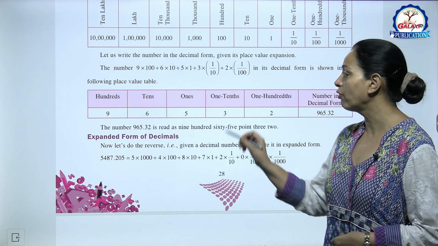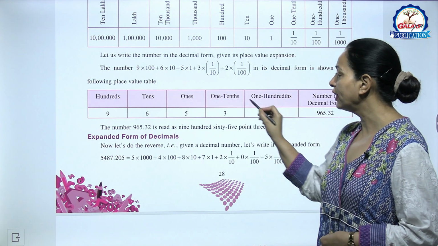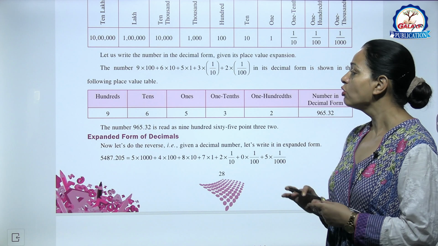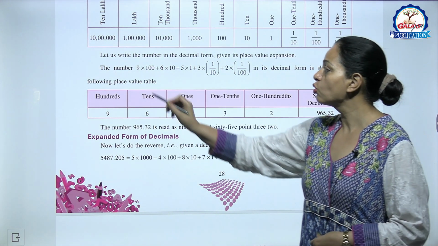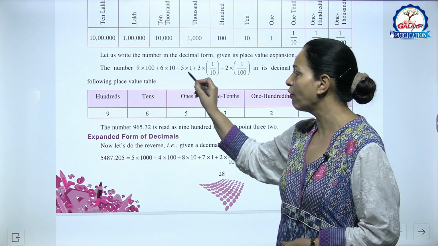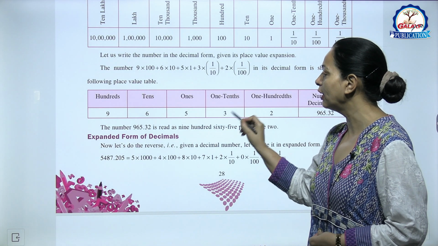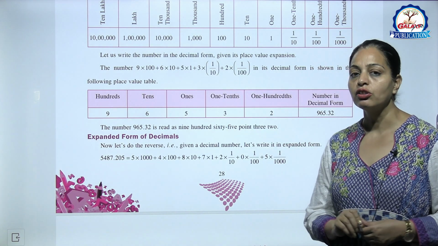So here we can write the place value table: ones, tens, hundreds, then 1/10, 100 and then 1000 like this. So now write this number in the place value table. So 900, so 9 here, 6 tens, so 6 here, 5 ones, so 5 here, and 3 tenths, so 1/10 पे आ जाएगा 3 and 100 पे आ जाएगा आपका 2, right?